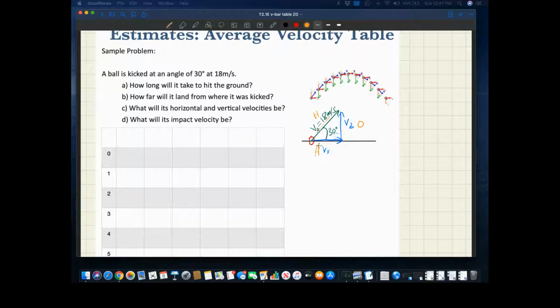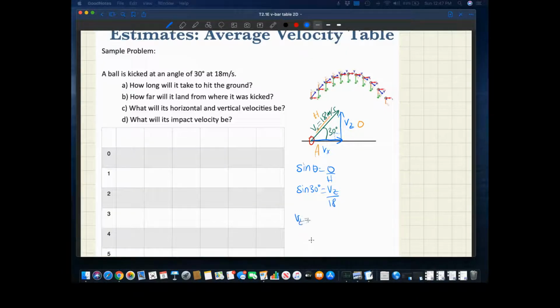So clearly we have our hypotenuse, the side opposite, and the side adjacent. Now we know the hypotenuse, so we're going to use trig functions that have the hypotenuse in them. Those are sine and cosine. We'll start out with sine. Sine of theta is opposite over hypotenuse. Theta is 30 degrees, the opposite side is Vz, and the hypotenuse is 18.